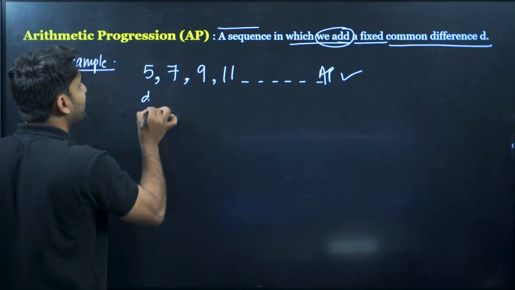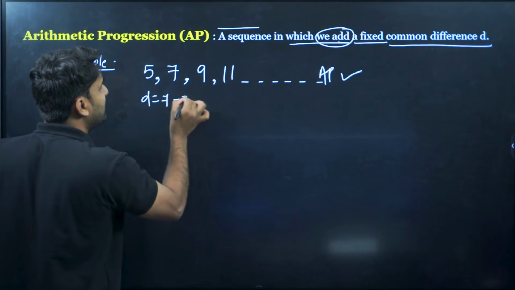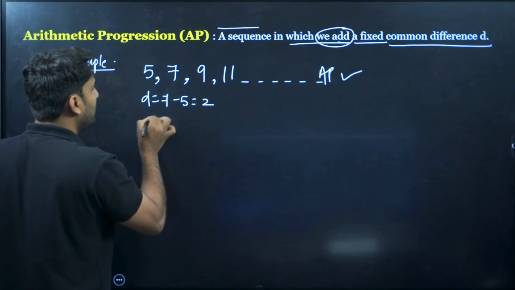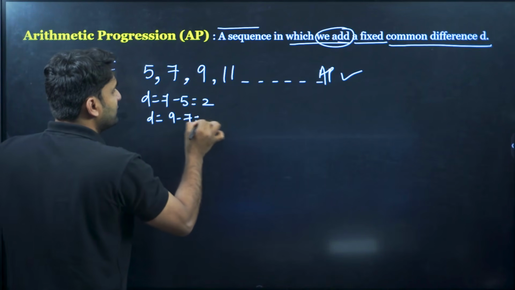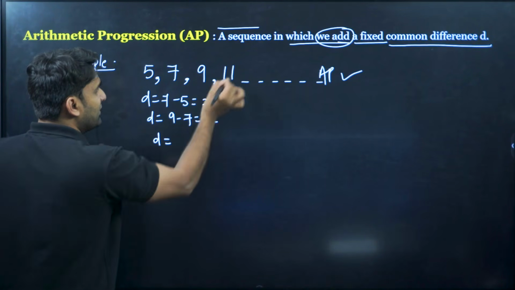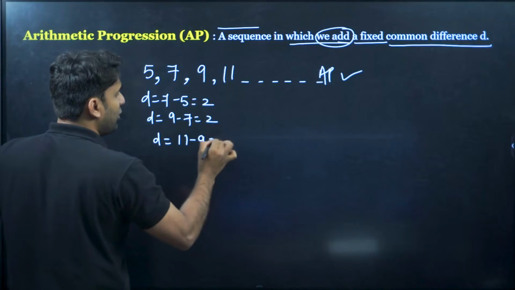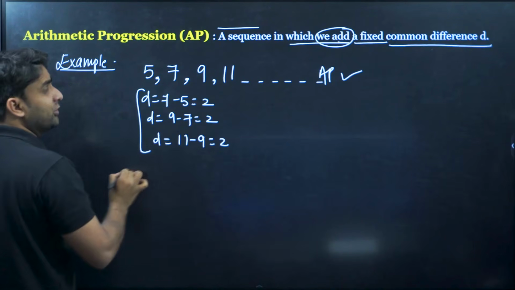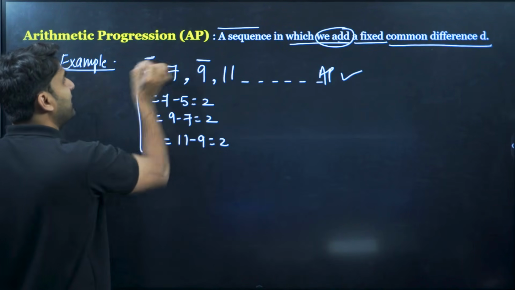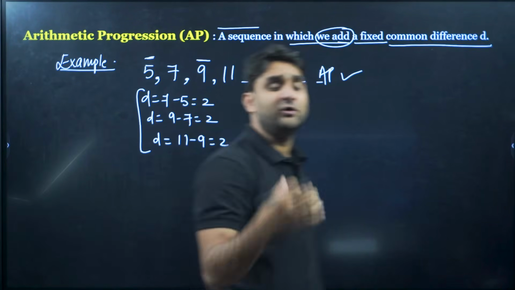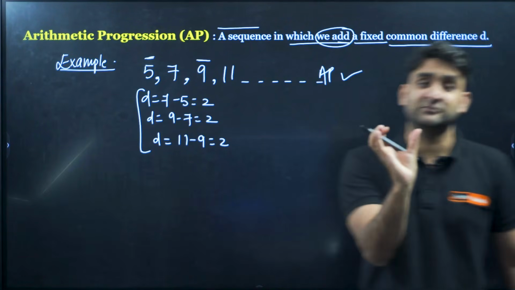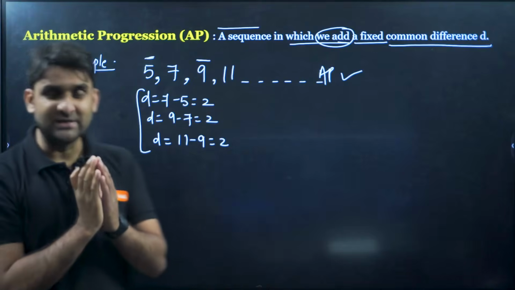The common difference, small d, is 7 minus 5, or you can also subtract 9 minus 7, which is 2, or you can subtract 11 minus 9. Always subtract the neighboring values. Don't subtract 9 and 5, or 11 minus 7, no. To find the common difference, we always subtract neighboring pairs, neighboring numbers. I hope you guys are getting my point.